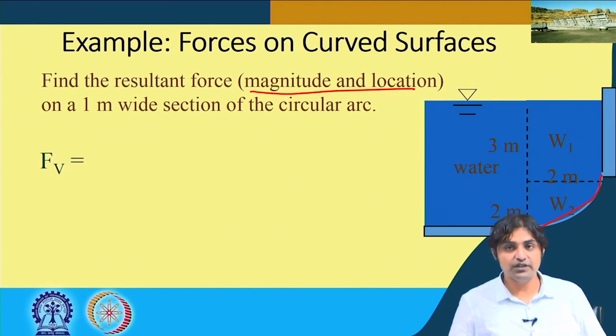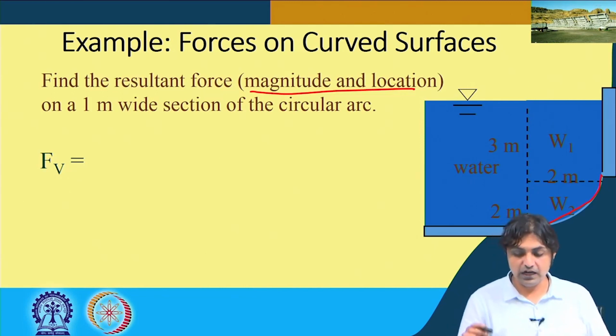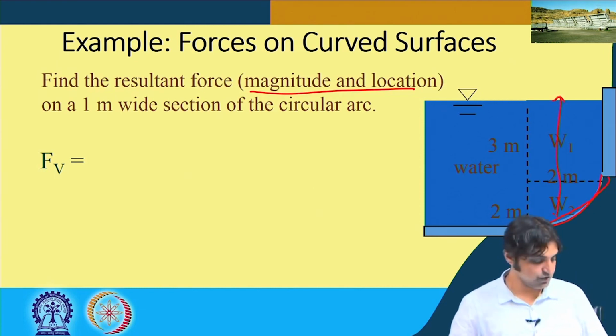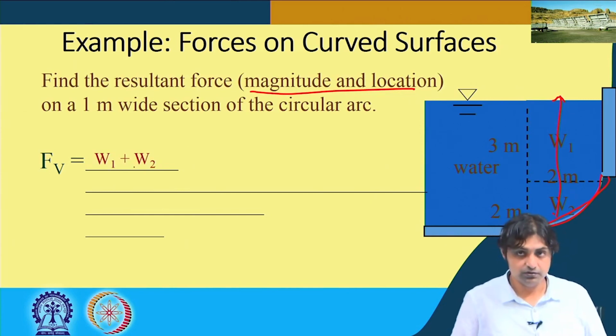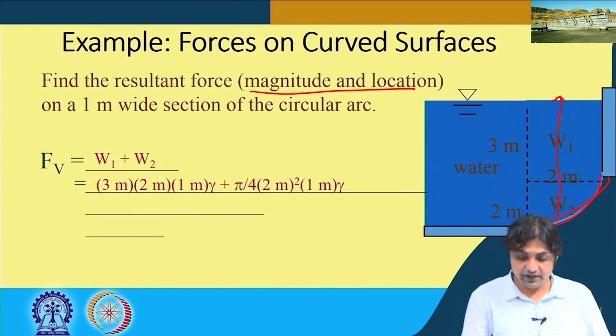So what is going to be the vertical force? According to the definition, it should be the weight of the liquid above this curved surface extending from here up to the free surface. So basically what is that? W1 plus W2. W1 is very simple, it's 3 meters into 2 meters into 1 meter, because that is the dimension that is told, 1 meter wide section, into gamma of water.